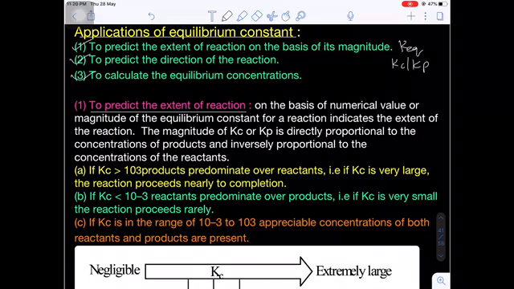The magnitude of Kc or Kp is directly proportional to the concentration of the products and inversely proportional to the concentration of the reactants.